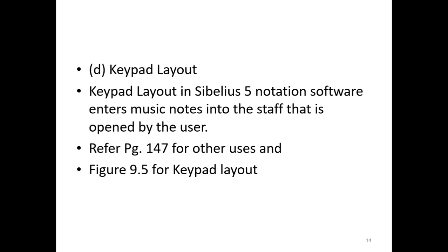So that is called the staff. And once you open that staff, using the software, you can enter music notes into it. On page 147, you will see the details, and also in figure 9.5, you will see the keypad layout. That is important. Please check on that.